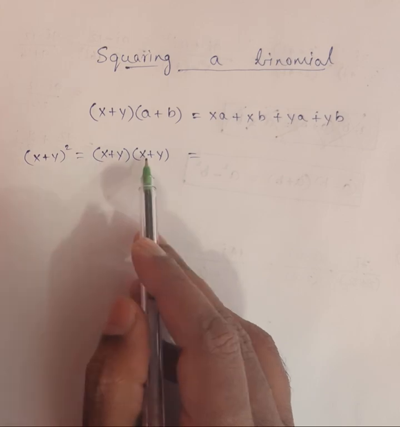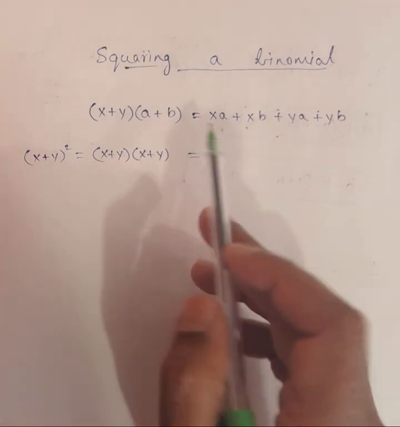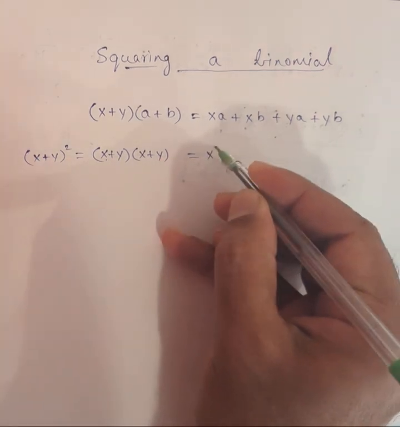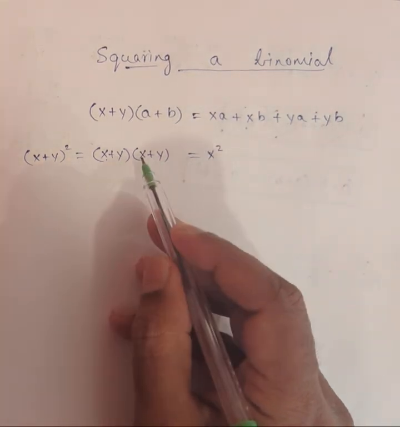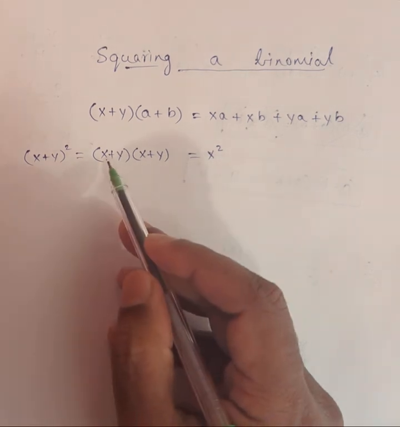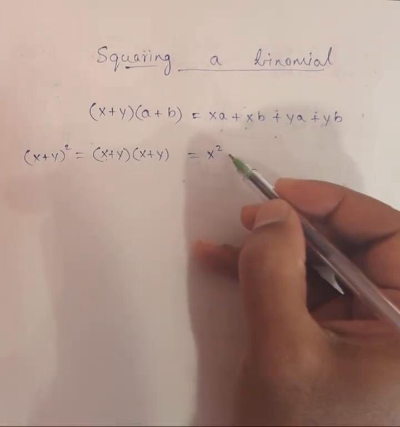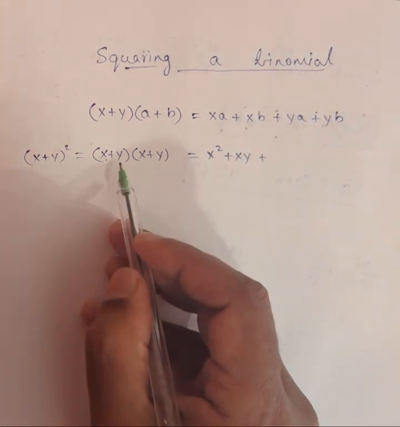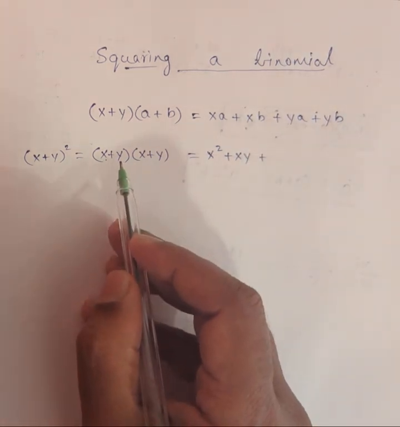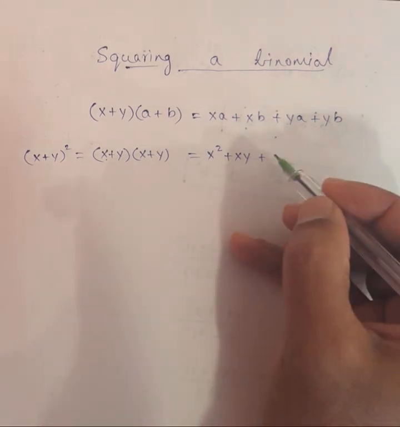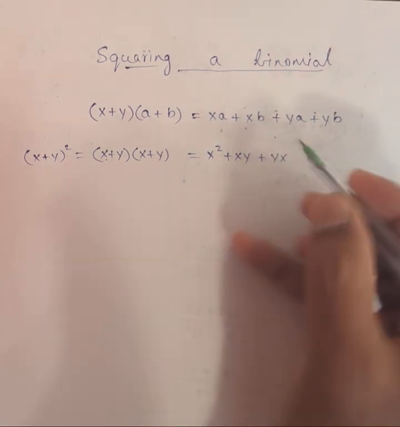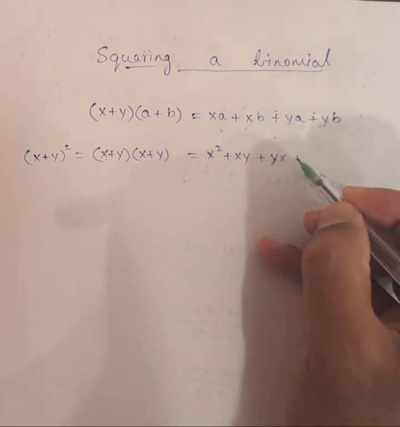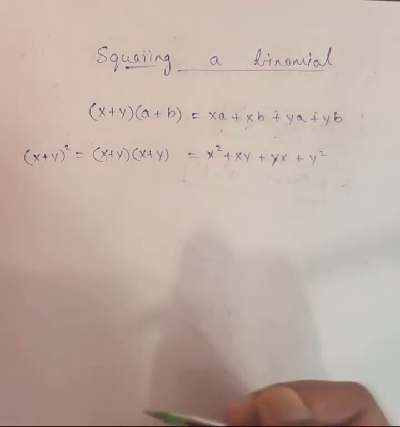Now notice, if I try to expand this as I have done here, I multiply x times x, which is x squared. And then x times y is just xy. Now I move on to this y in the first factor. y times x is yx, and y times y is y squared.